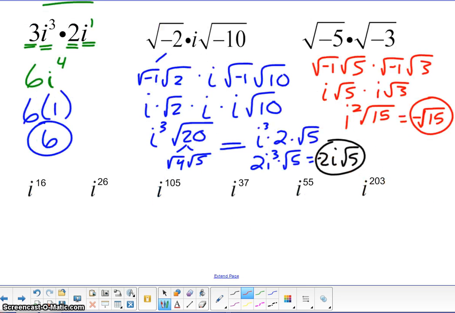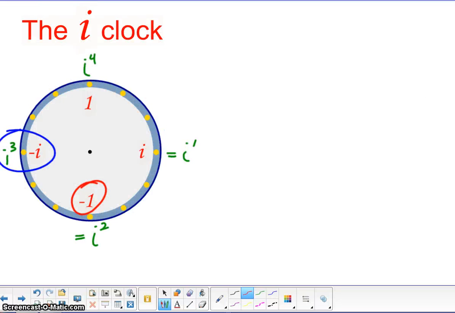So for the next ones, the i clock is even more important because there are such large numbers and you're not going to want to do this by hand. So the first one, i to the 16th, is a multiple of 4. Anything that's a multiple of 4 is going to have a value of i to the 4th, which is 1. This is the way I want you to look at the rest of them, because sometimes you can't tell if the exponent is a multiple of 4.